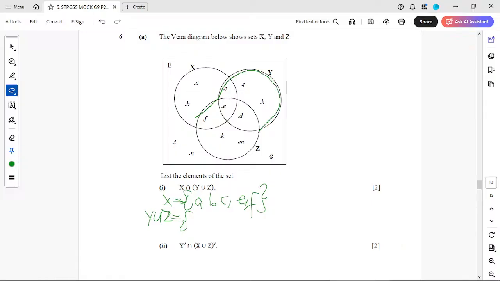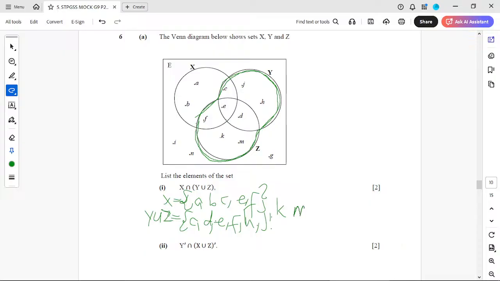So these elements belong to set Y union Z. So we can list them. For set Y union Z, we have got C, D, E, F, H, J, K, and M.